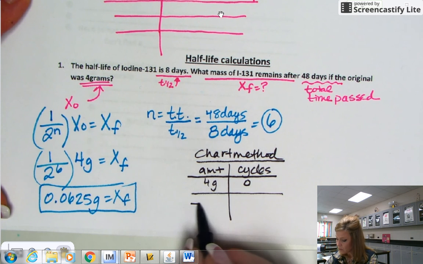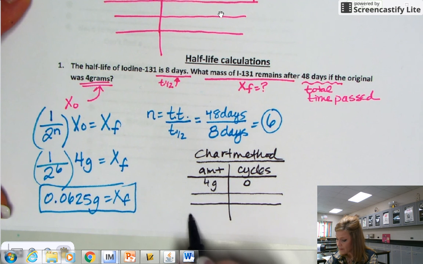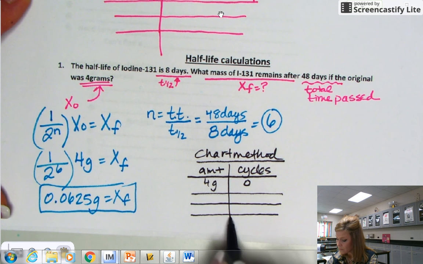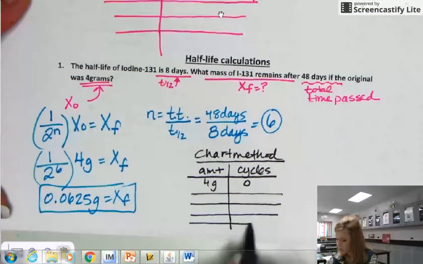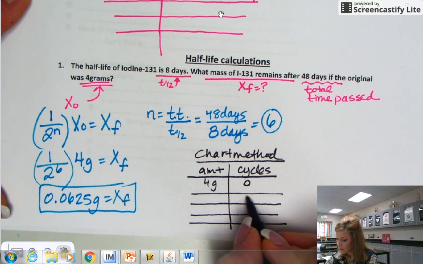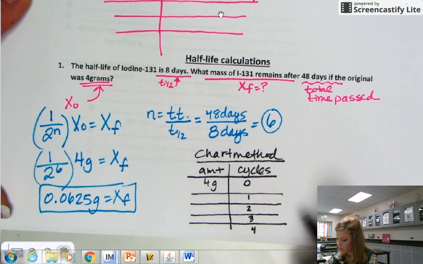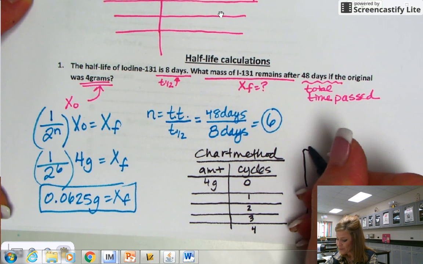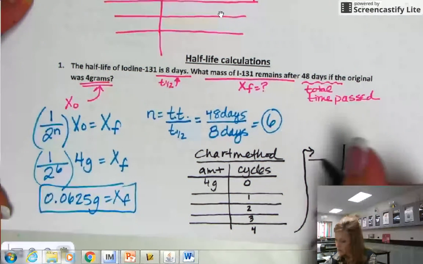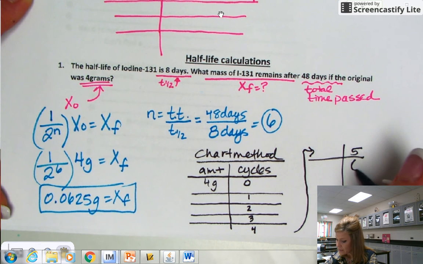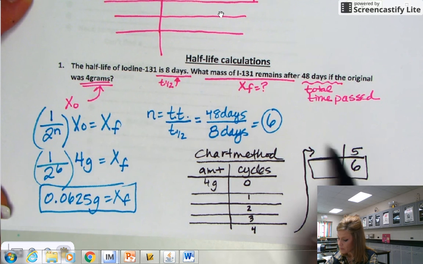So what you have to do is you have to divide by 2 6 times. And this can get a little lengthy. 1, 2, 3, 4. And I'm going to move over here. I didn't leave myself a lot of room. So finish my chart here. 5, 6. Okay, so this is the point that we will stop dividing by 2.